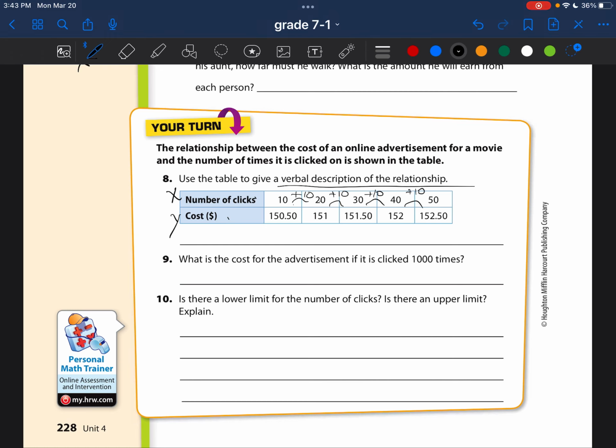So 10 plus 10 is 20, 20 plus 10 is 30, and going up, going up, going up. Okay, the next one, go ahead and figure that one out. I'm going to give you about 10 seconds to figure that one out. All right, you should have figured out that you're going up by 0.5.